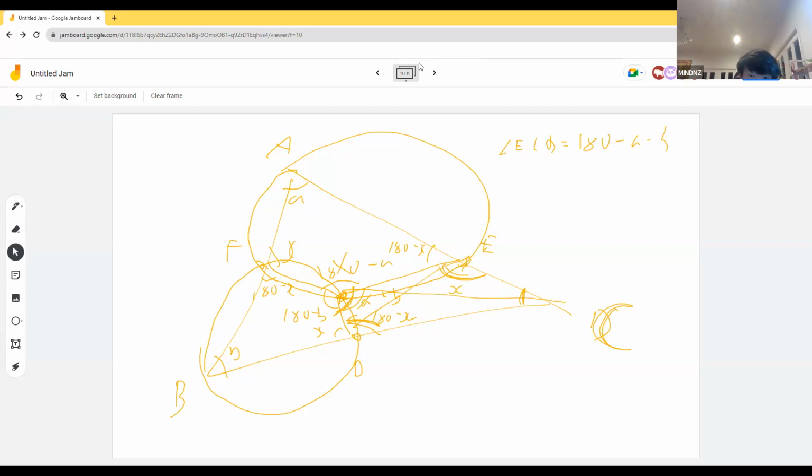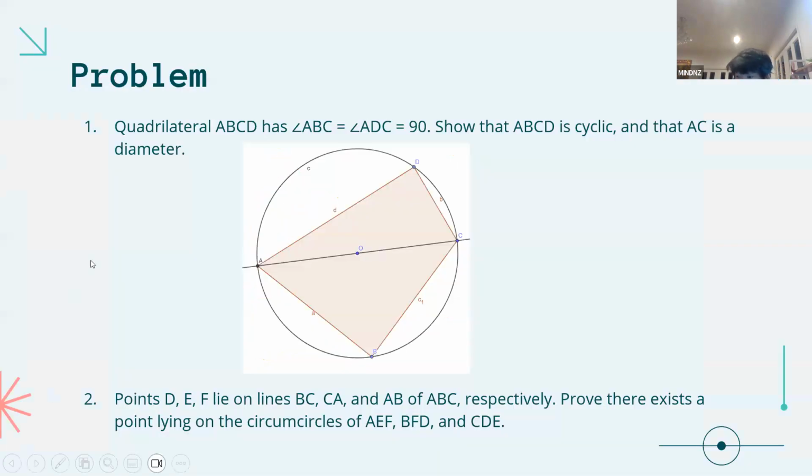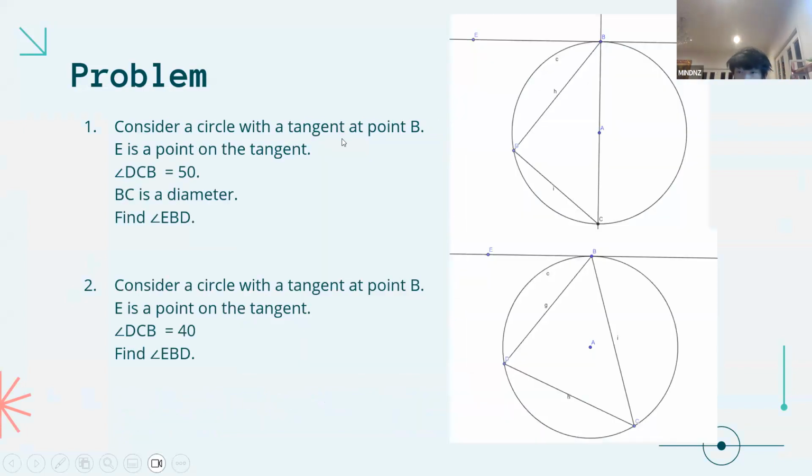So now we'll move on to the last theorem of this lesson. And firstly, like the previous theorems, I'll try to get you guys to work it out yourself. Here's two problems. Again, if you can't see it that clearly, I'll draw the diagrams on slide 12.